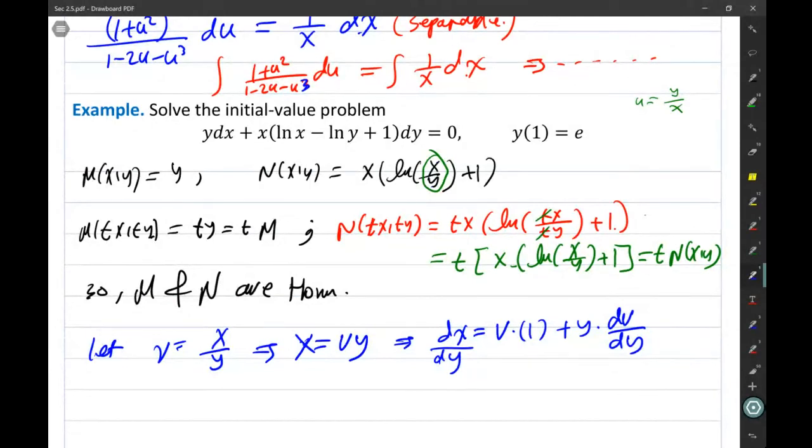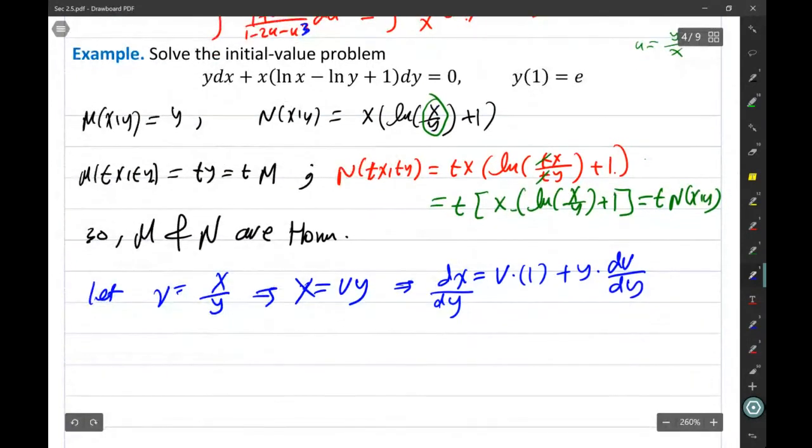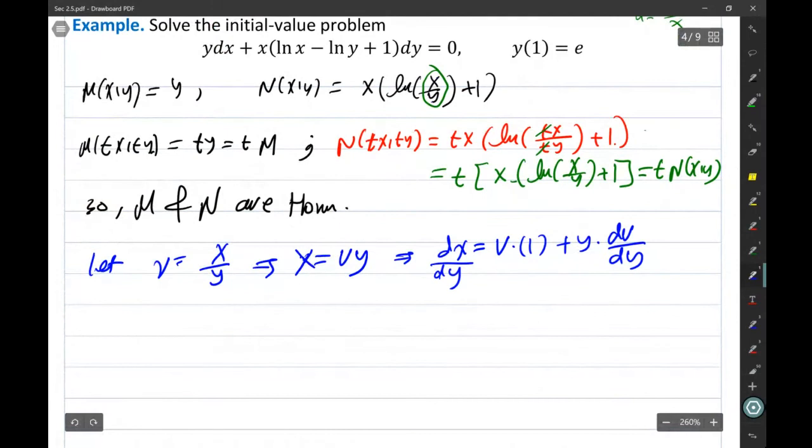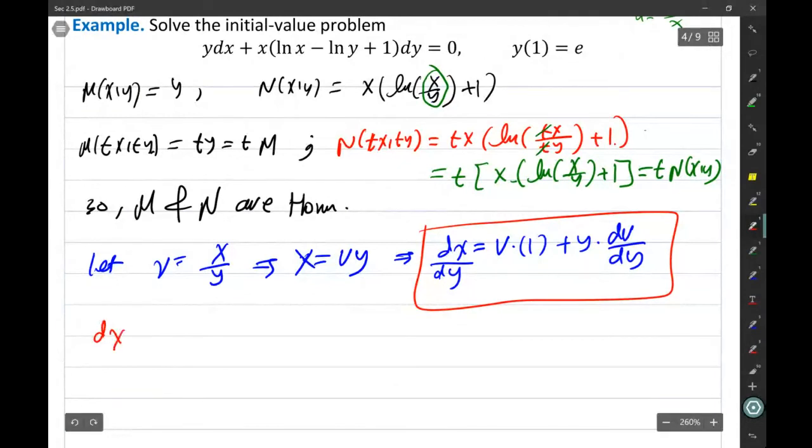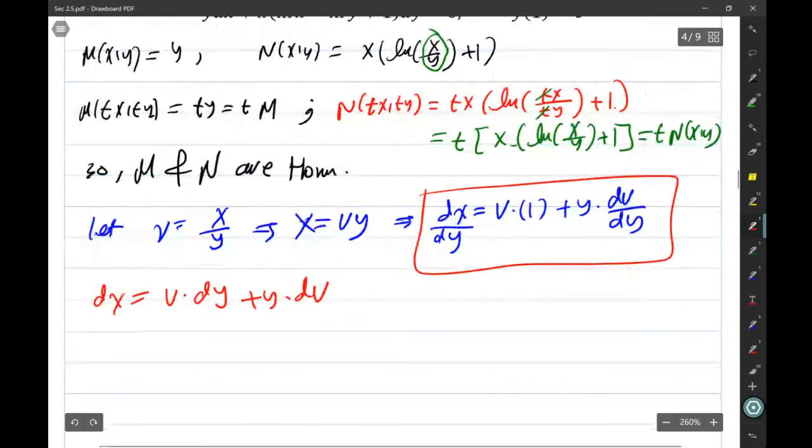All right. Now I have another method that you can use. Multiply this by dy, which is another technique. You will get dx is equal to v times dy plus y times dv.